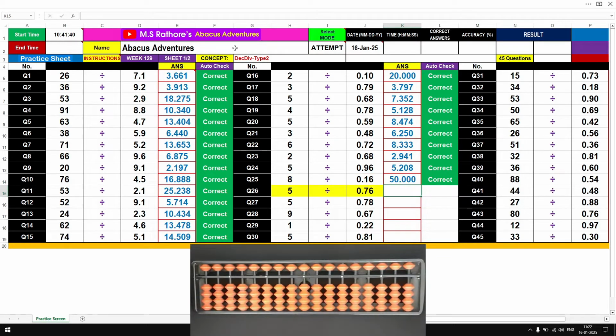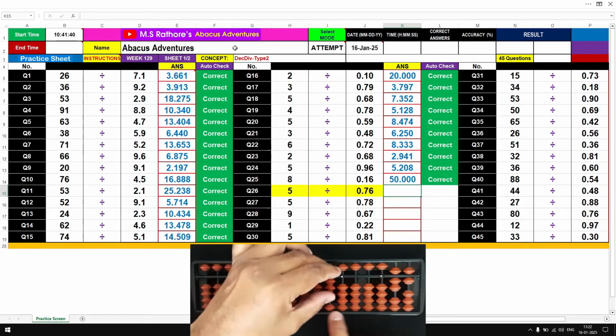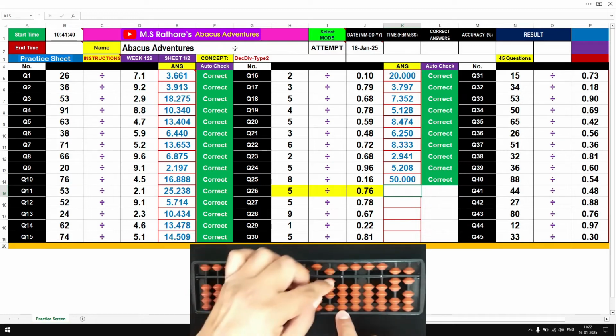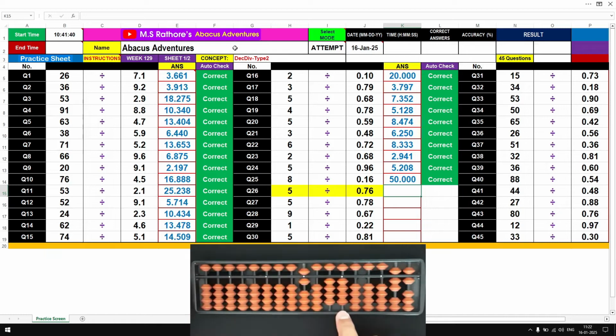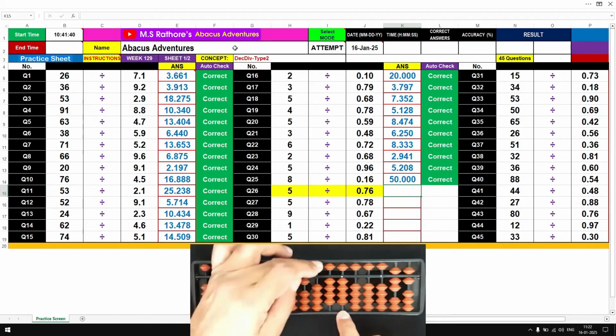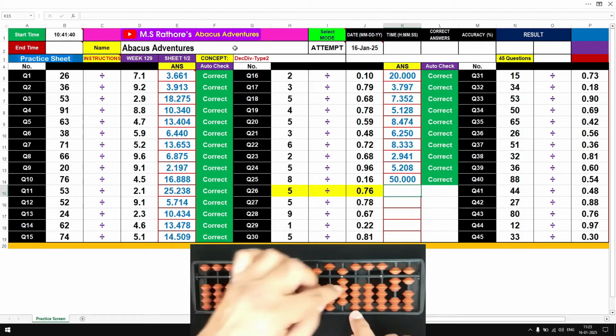Question number 26, 5 divided by 0.76 or 5 divided by 76. My finger is below 50. 7 6s are minus 42, shifted, 6 6s are minus 36. New number is 44. Next round. 7 5s are 35, shifted, 6 5s are 30.